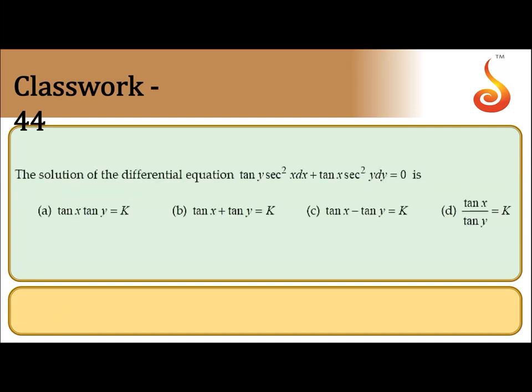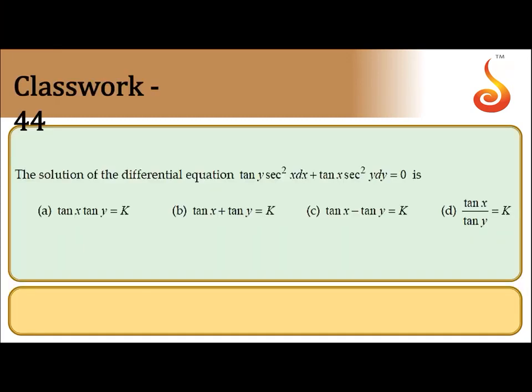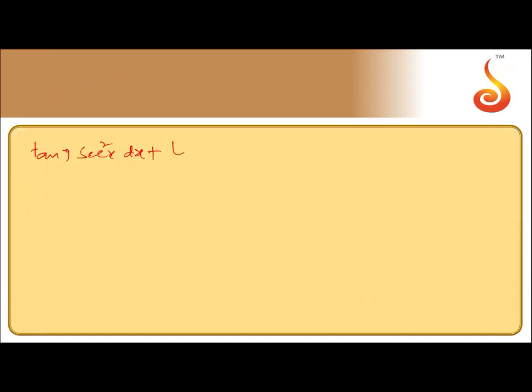Coming to 44, the solution of the differential equation: tan y multiplied by secant square x dx plus tan x secant square y dy is equal to 0.